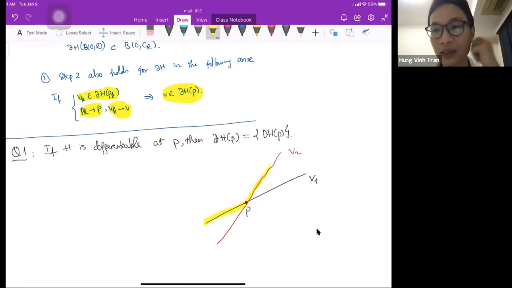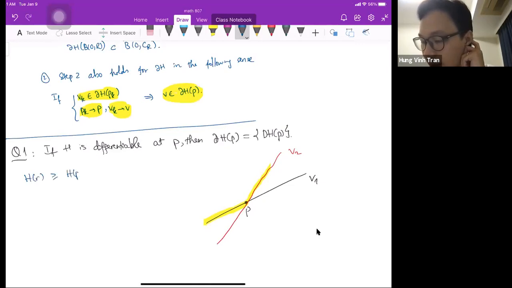So it doesn't look differentiable. That's one way. The other way you can think about it is that you can write down exactly the definition. You have h of r is greater than or equal to h of p plus v1 dot r minus p.